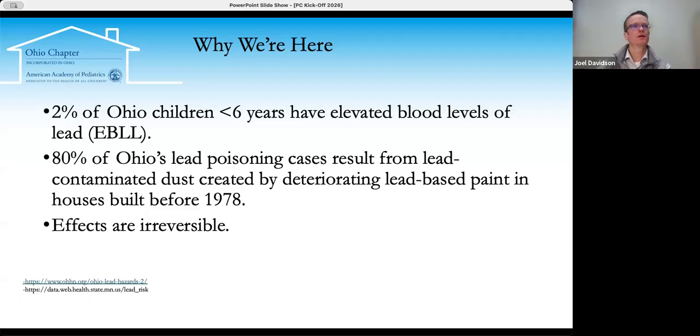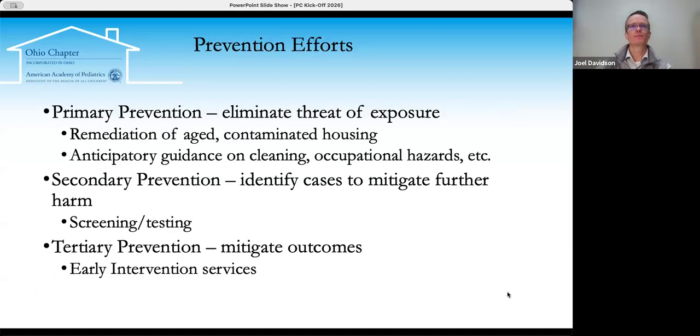Go to the next slide. So we're going to be talking about 3 different ways, when we talk about prevention related to exposure of children to lead, we think about it in terms of primary prevention, secondary prevention, and tertiary prevention. So primary prevention are things that we're going to do to work on eliminating the threat of lead exposure for that child.